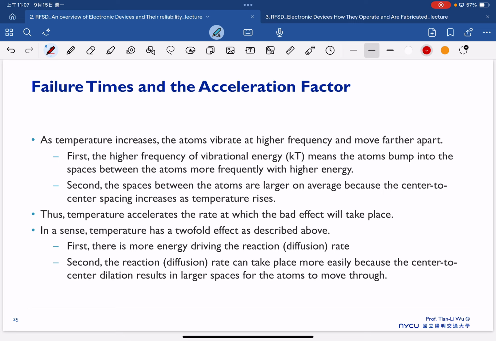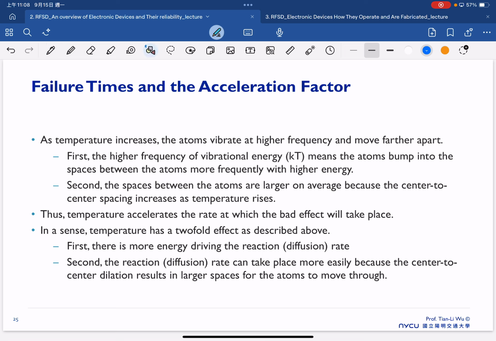So as the temperature increases, the atoms vibrate at high frequency and move further apart. First, the high frequency vibration energy means that the atoms bump into the space between the atoms more frequently with a higher energy.